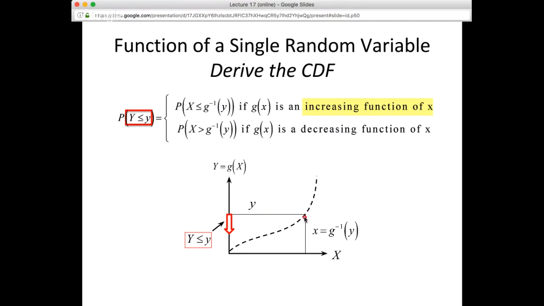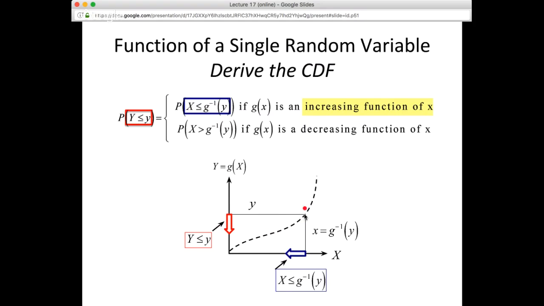Now we can think about what the corresponding range of the x coordinate would be. x is just going to be g inverse of y. That's basically the vertical line here. That's the location of the specific realization of the random variable x that corresponds to the specific realization here of the random variable y. The point I want to make is that if we're interested in the random variable y being less than or equal to little y, that corresponds to realizations of the random variable x being less than or equal to g inverse of y.